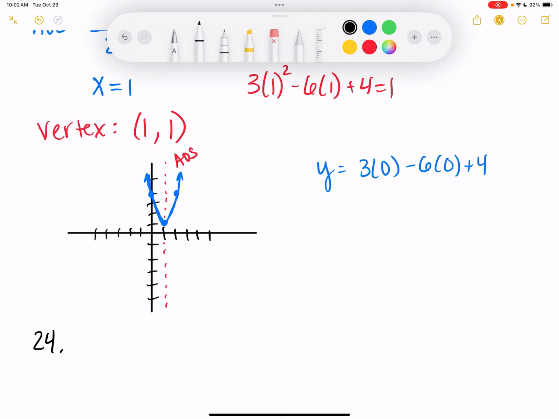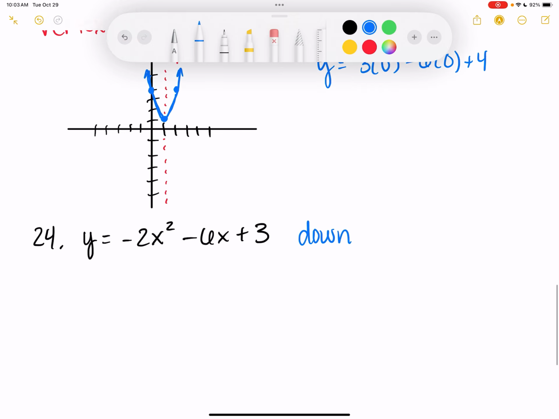Y equals negative 2x squared minus 6x plus 3. This one's going to be down. I need to find my axis of symmetry. How do I do that? Negative b over 2a.